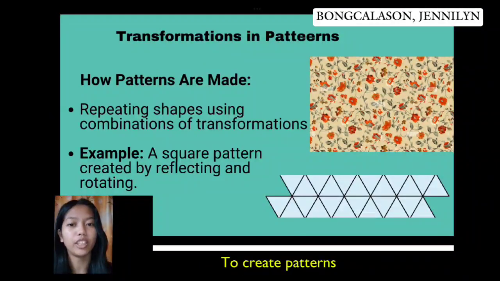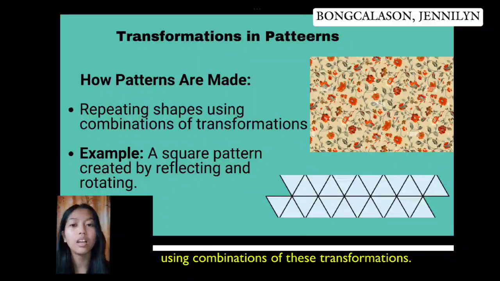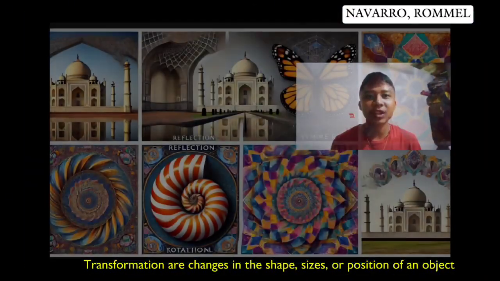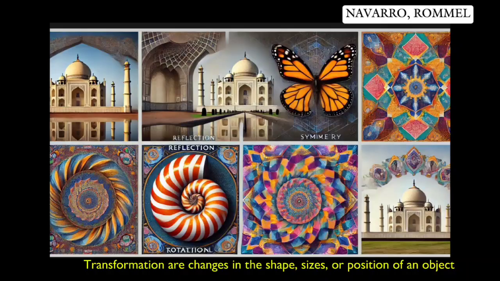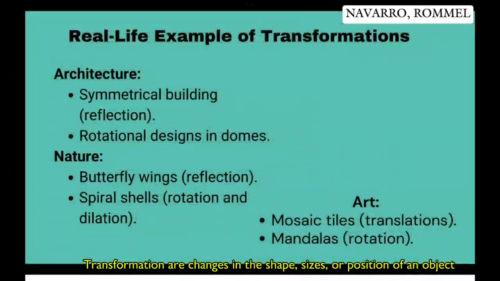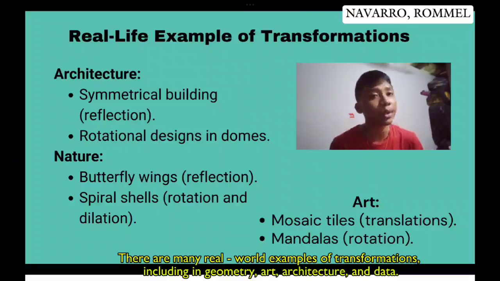To create a pattern, we can repeat a shape using a combination of these transformations. Now, real-life examples of transformation. Transformations are changes in the shape, size, or position of an object. There are many real-world examples of transformations, including in geometry, art, architecture, and data.